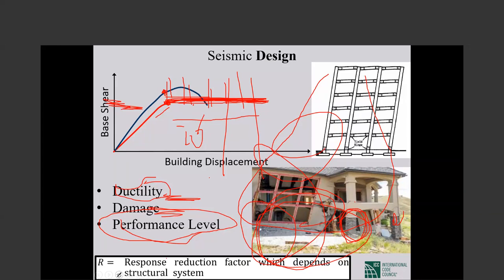So by assuming R in our formulation in BNBC, we accept that we need ductility, we will have damage, and the performance levels are not elastic performance levels anymore. The building will get damages. And this very difficult behavior is covered by design requirements, by the prescriptive design approach, and by detailing.